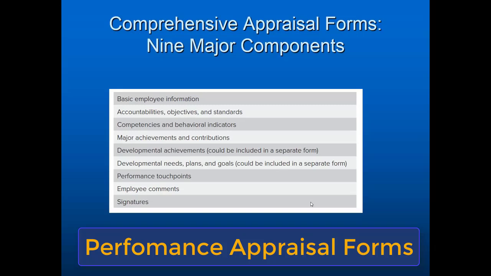And so we might be getting evaluation information from various touch points. The employee should have the opportunity for comments in order to reflect on the evaluation that he or she is being given. There should be room for signatures for both the employee and for the person evaluating him or her.